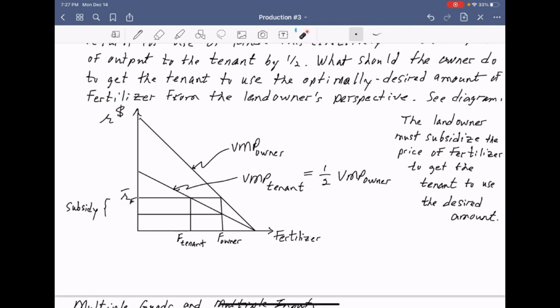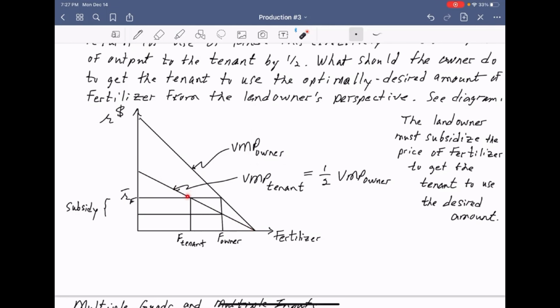the value of the marginal product to the owner is given by this line here, but because the tenant gets half of the output, that effectively means the tenant gets half of the price. So the value of the marginal product of the tenant is half of what it is for the owner, and that line is represented here.